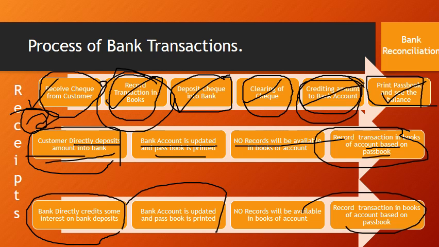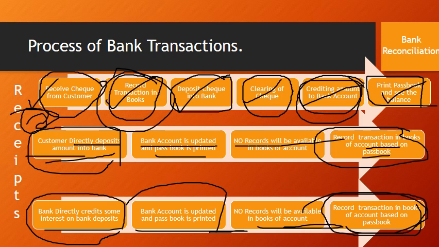Okay, so with direct deposits, the bank will directly debit our account, and then the passbook will be updated. No records will be available in the books of accounts. So based on the bank account or statement, our books of accounts will be updated.